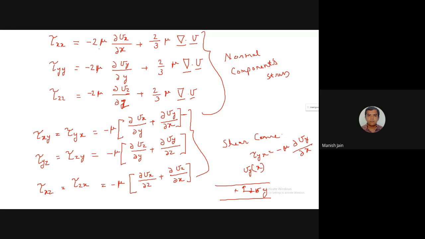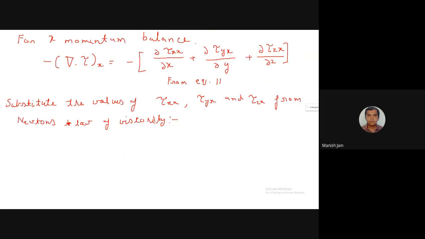Tau xx equal to minus 2 mu del vx by del y plus 2 by 3 mu del dot v. Here we are also assuming constant mu. First we will substitute, then we will see.